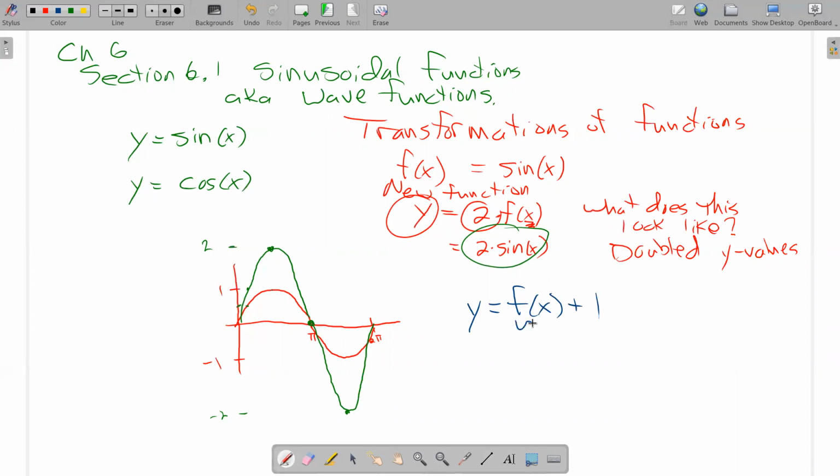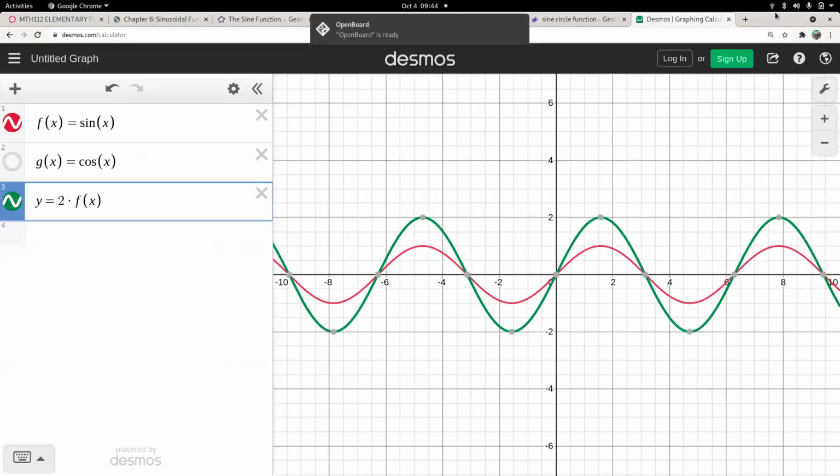Well, f of x is a y value, so I'm just adding 1 to all the y values. So that should take every point on the red curve, this point, this point, this point, and move them up 1. Let's check it out. The graphing calculator is going to be indispensable for this chapter. It's way easier than plotting things by hand.